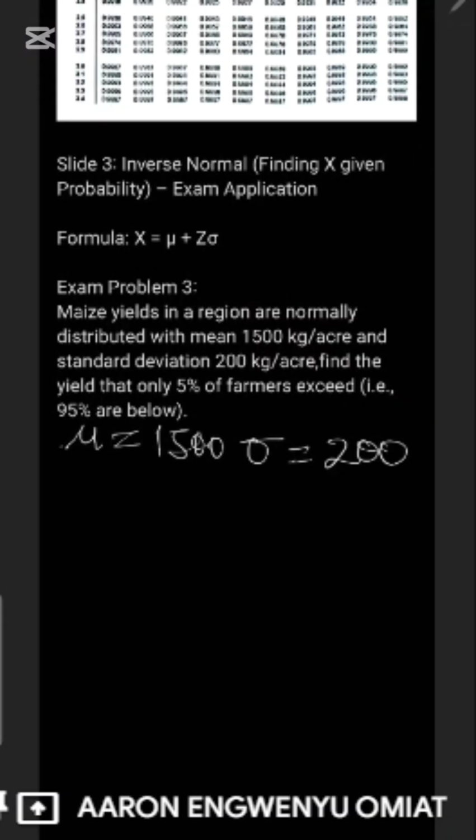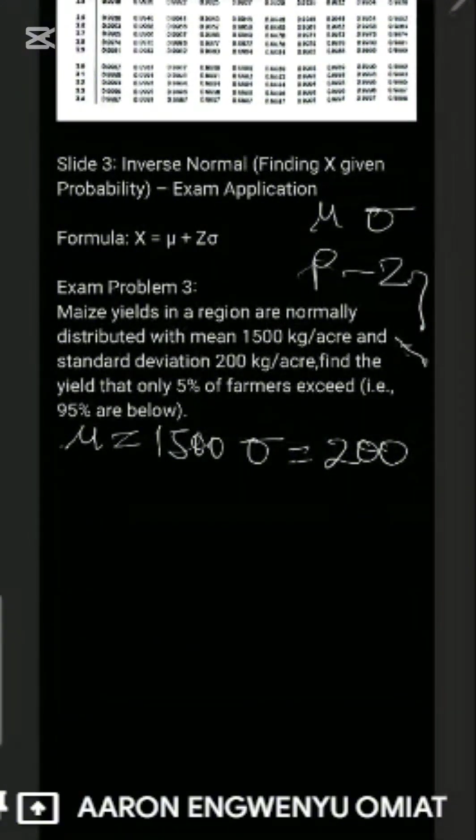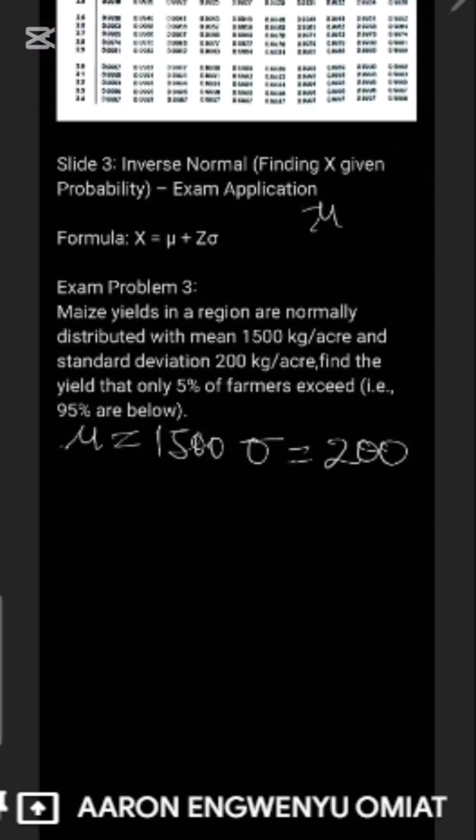Remember, in the earlier question, we were given mean, sigma and x, and we wanted the probability.